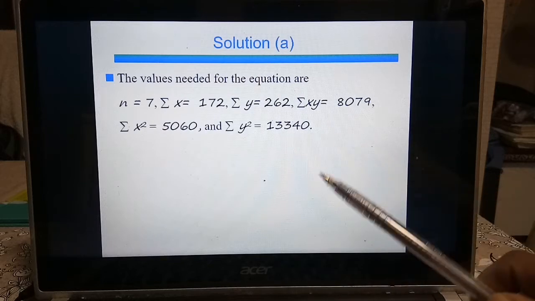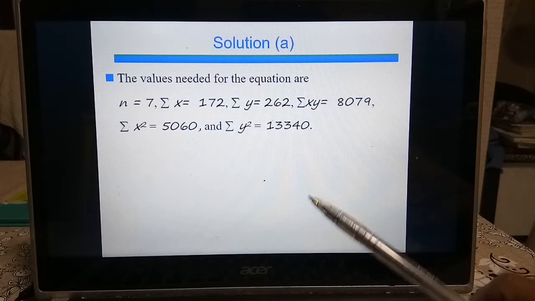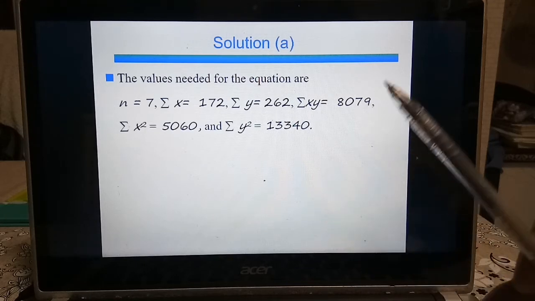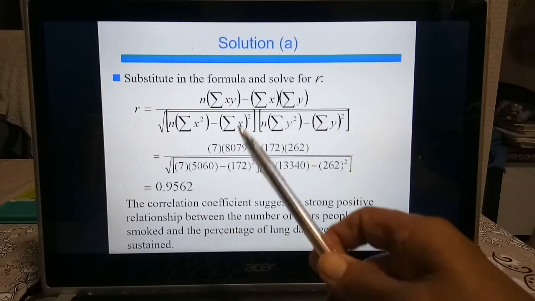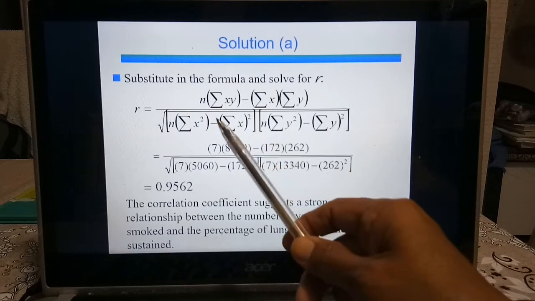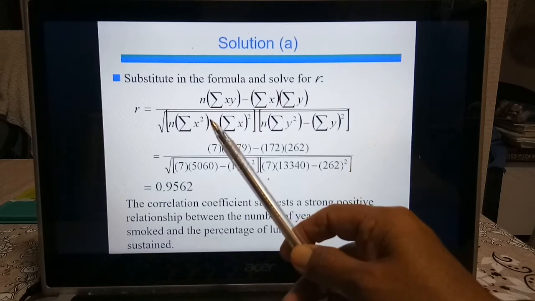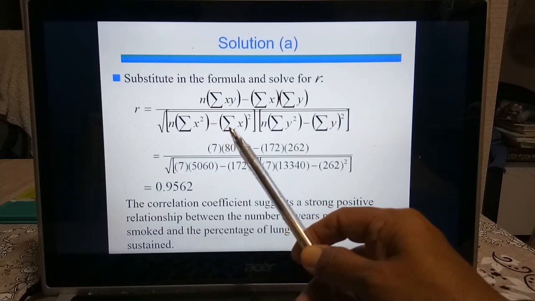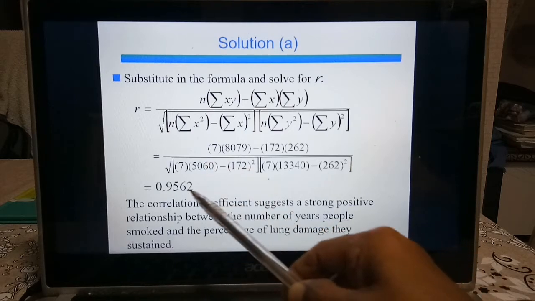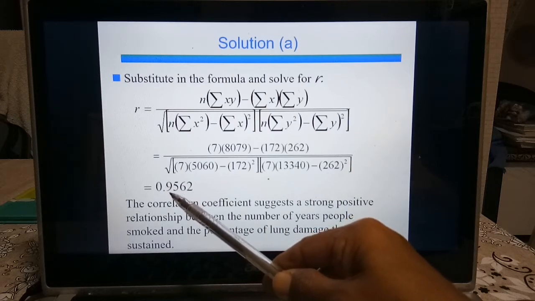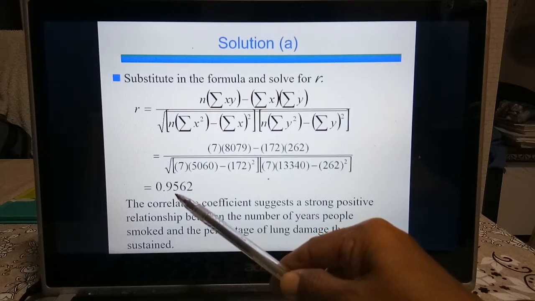Once you have these values, substitute them into the formula for the coefficient of correlation and solve. We get 0.9562, so a positive relationship between the number of months smoked and the percentage of lung disease.